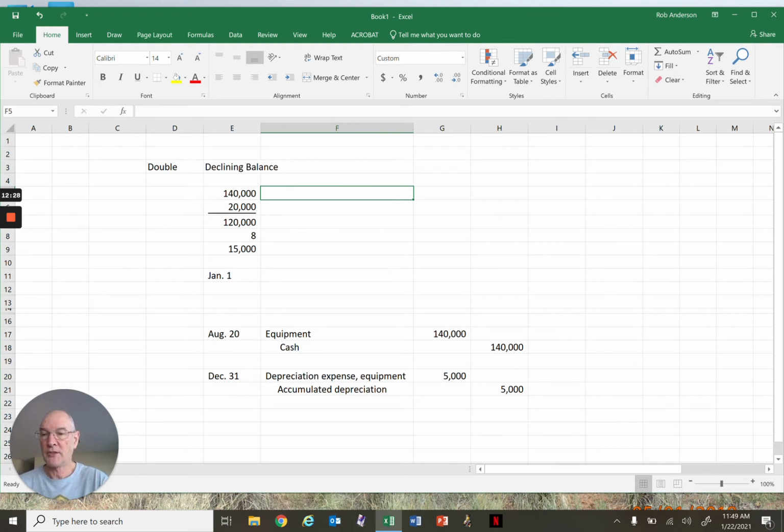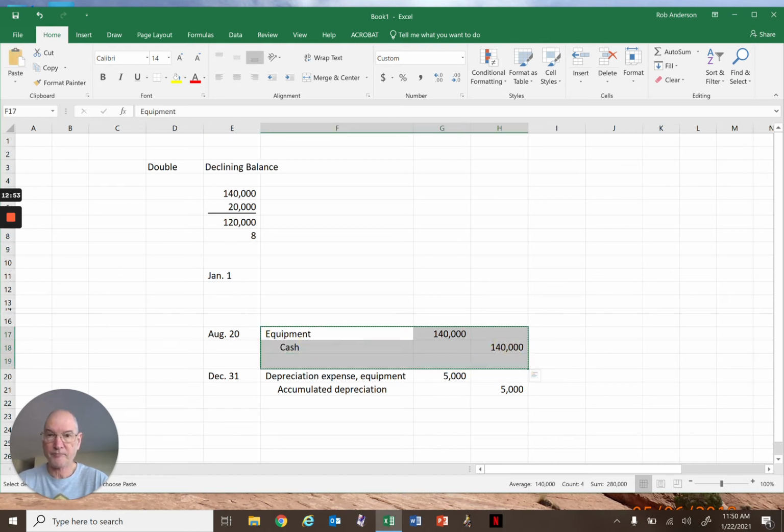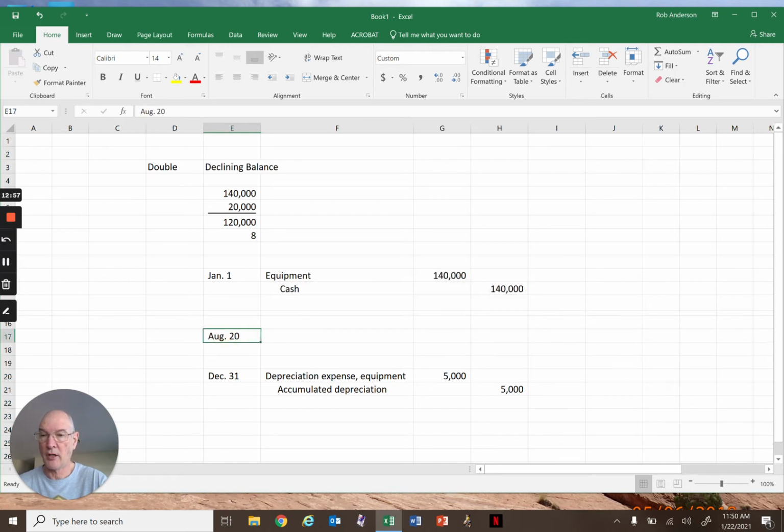But let's do this same purchase of equipment using declining balance depreciation. And once I find the declining balance rate, I'm going to do double declining. So same facts as before, except of course depreciation is not going to be 15,000. Here is the purchase of your equipment.